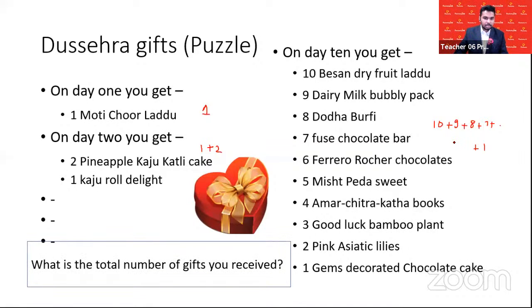So he approached another friend, say Madhu, and asked whether he will help him in solving this problem. You can see on day 1 he got 1. On day 2 he got 1 plus 2. On day 3 he got 1 plus 2 plus 3. And so on.